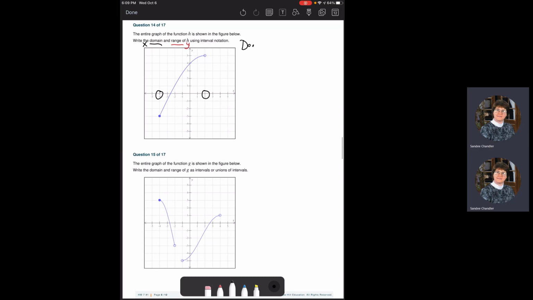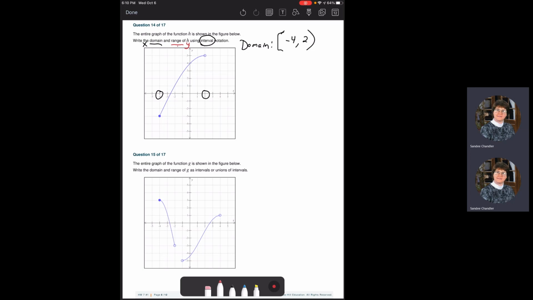So the domain, notice your open and closed pieces. Domain is supposed to be the interval. Notice interval notation. Closed -4, open 2.